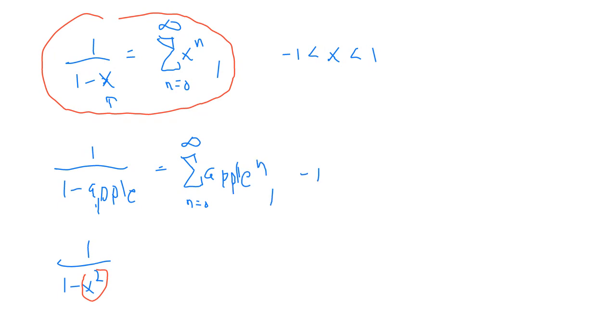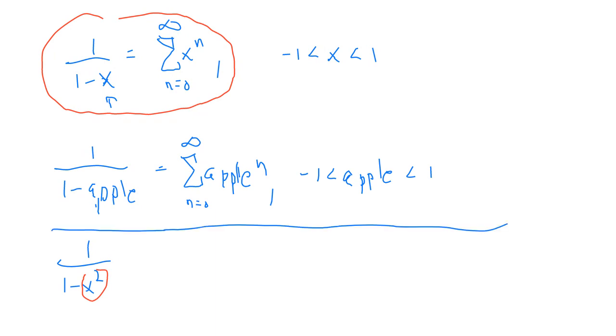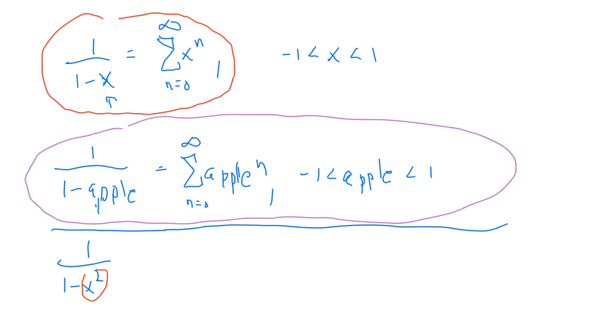And of course, the interval of convergence is that the apple is between -1 and 1.